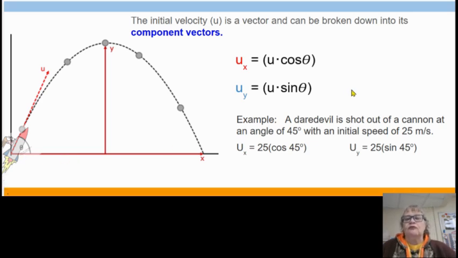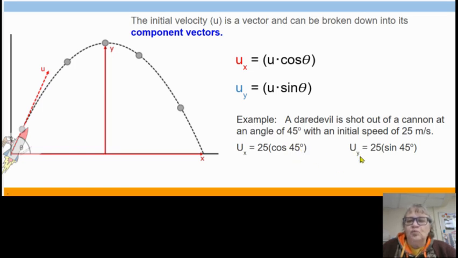So for example, a daredevil is shot out of a cannon at an angle of 45 degrees with an initial speed of 25 meters per second. What is the horizontal speed and what is the vertical speed? So the horizontal speed would be 25, which is our initial velocity, times the cosine of theta, which is the angle, 45 degrees.